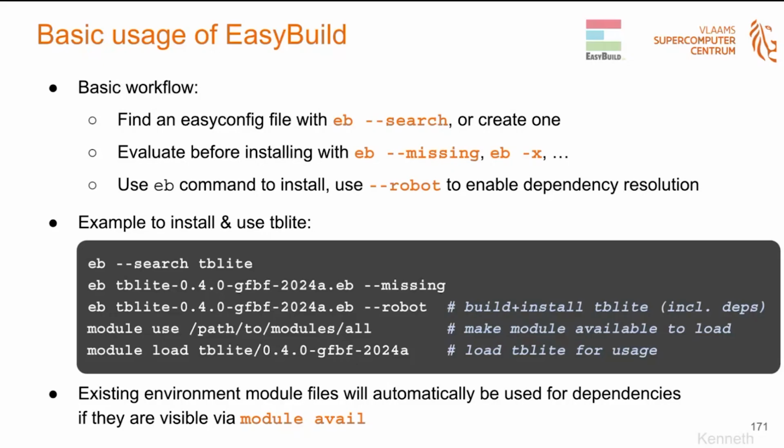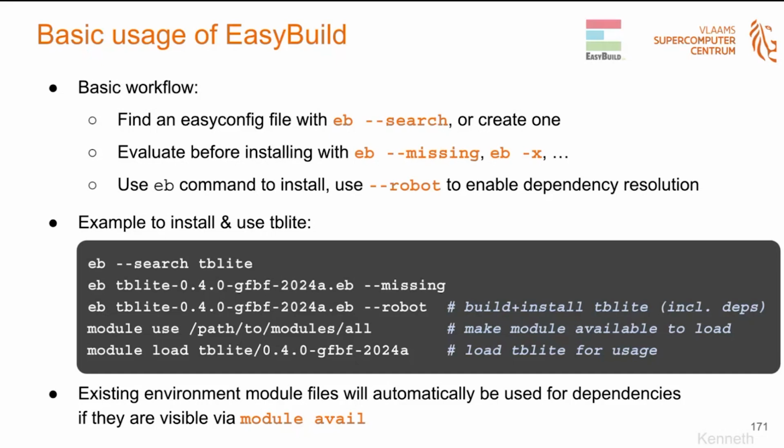If you're happy with what you're seeing, you can just tell the eb command, use this easy config file to do the installation, and you can enable the robot mode so it also does the dependencies that are still missing. If it all works out, which I will hopefully show with TensorFlow Lite in a bit, you can make sure that the module that was generated is available. So you have to extend the module path for that with the module use command.